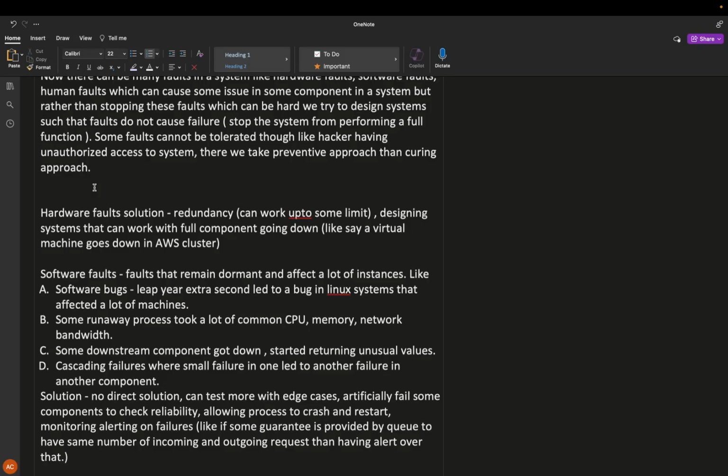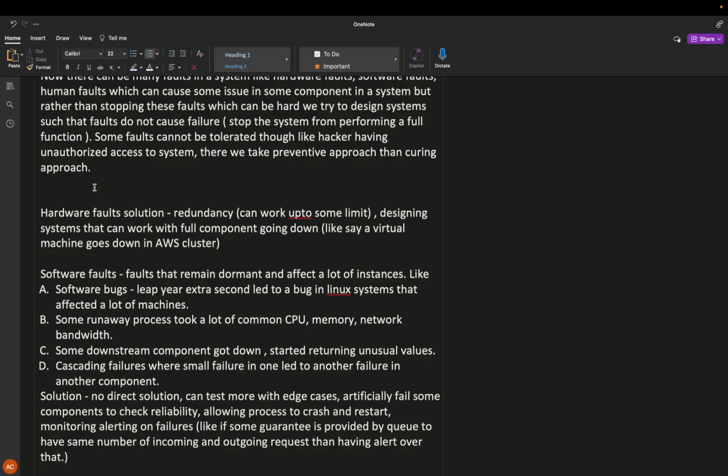Now software faults can be something that remains very dormant and usually affects a lot of systems. Hardware faults usually are local, have local impact, but software faults have a global impact.